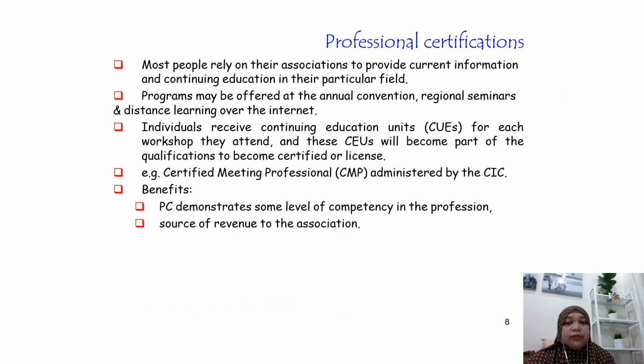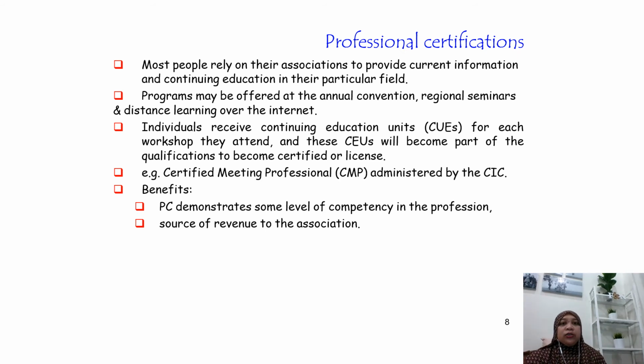Okay, in terms of planning just now, basically we need to make sure that whatever you do, it relates with professionalism. Okay, so professionalism is related with certification. How you become a professional, usually there is certification. You can't just suddenly organize an event however you like, when you are not recognized by anyone.